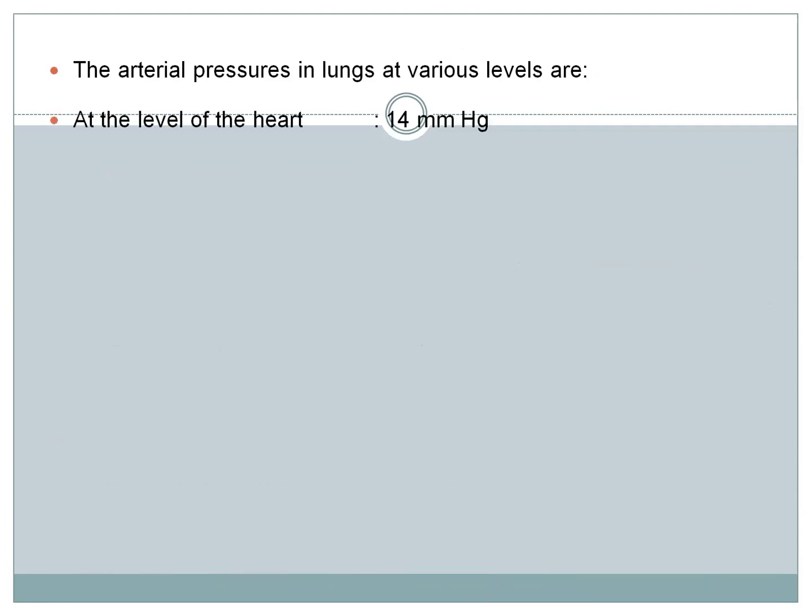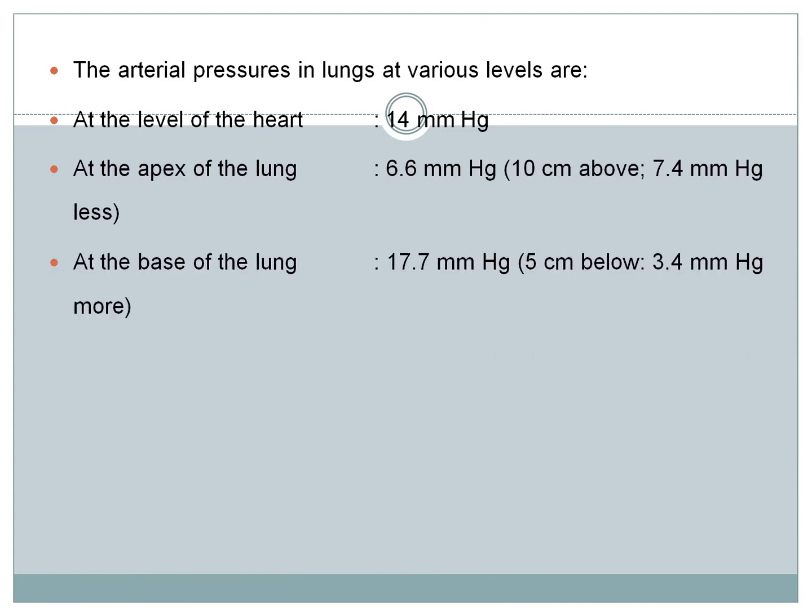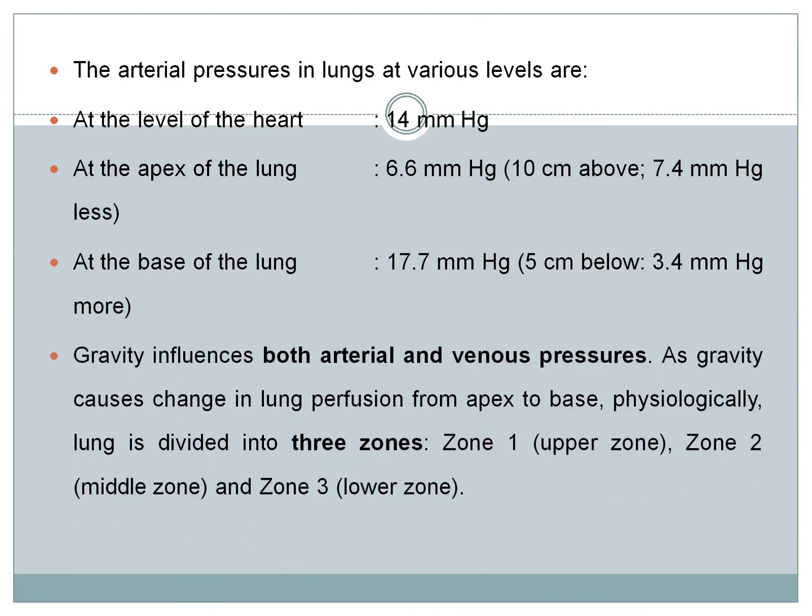Now the arterial pressure in the lungs at various levels: at the level of the heart it is around 14 millimeters. At the apex of the lung it is around 6.6 millimeters of mercury. At the base of the lungs it is 17.7 millimeters of mercury. So see, it is increasing from apex to base. The gravity influences both the arterial and the venous pressures.